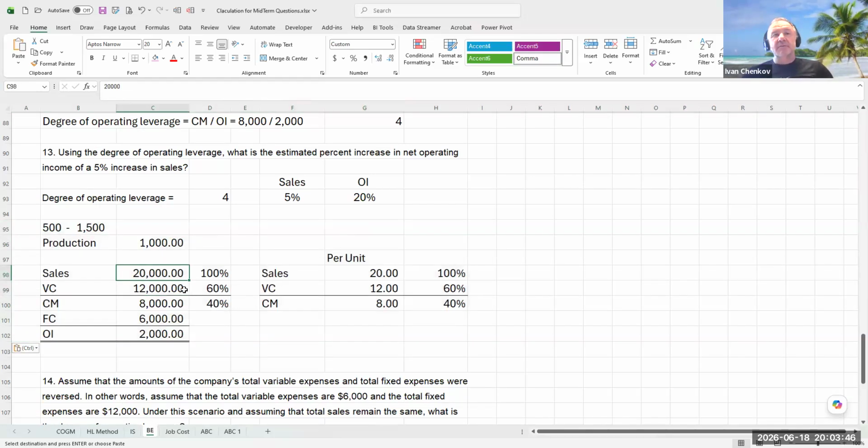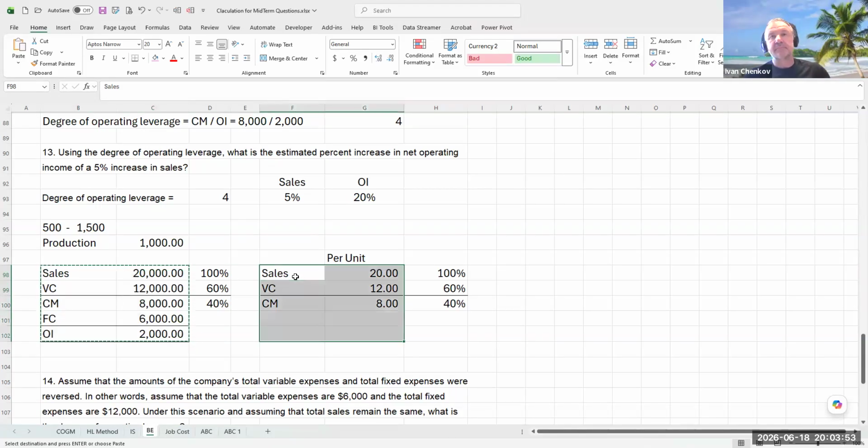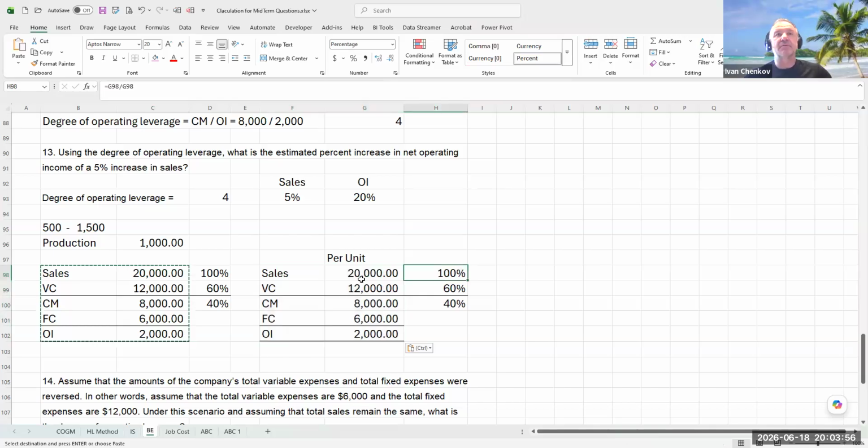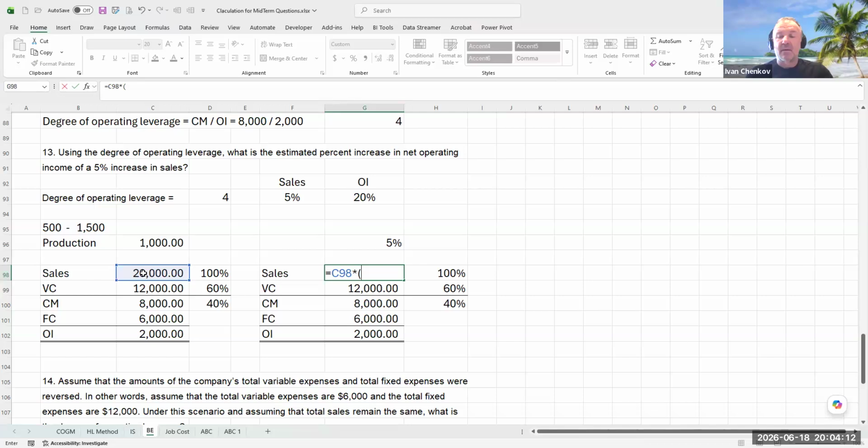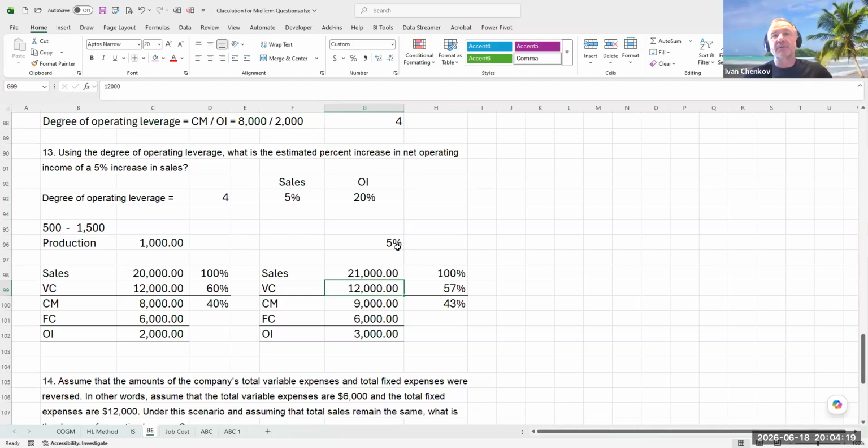So if I increase my sales by 5%, that's what we're chasing, increasing sales by 5%. So the 5% increase, let's go with the 5% here. That will be equal to this one times 1 plus 5%. My sales are going to become $21,000.